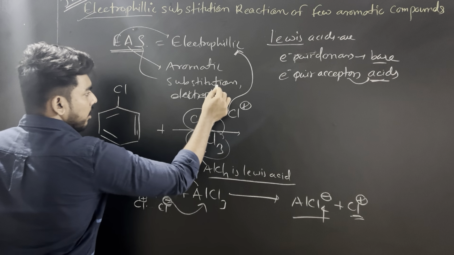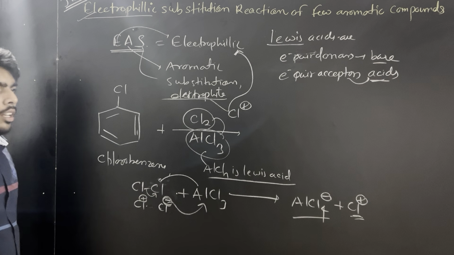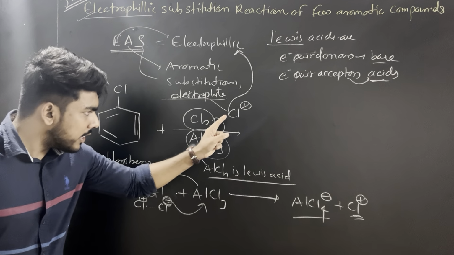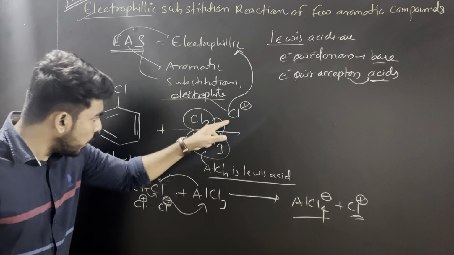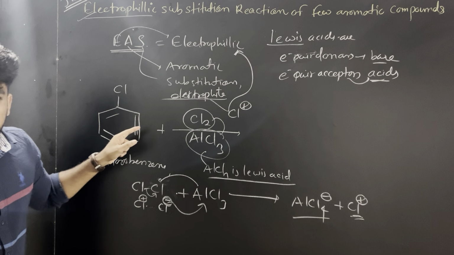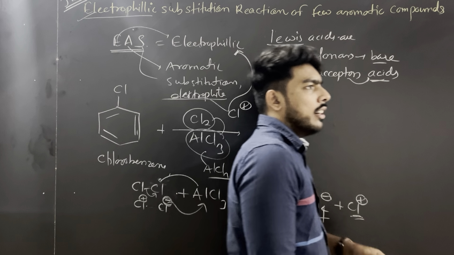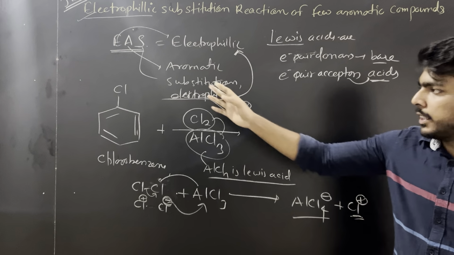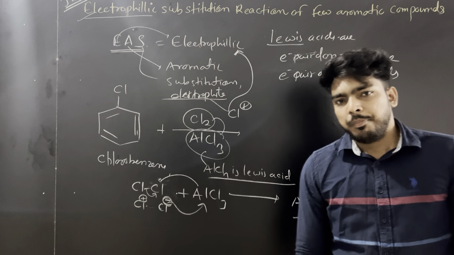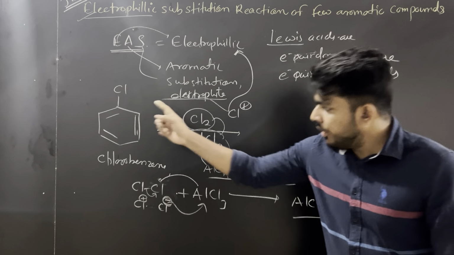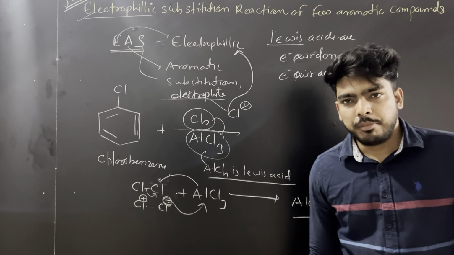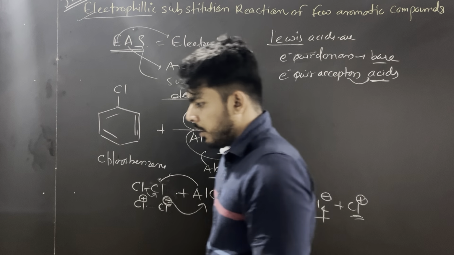In our entire reaction, this Cl plus is going to attack our aromatic system. Now the question arises: it can attack multiple positions on the aromatic compound. Tell me, in which position will this Cl plus attack?